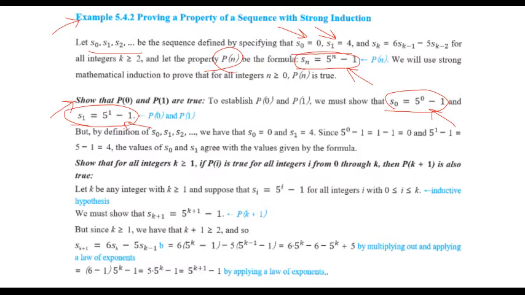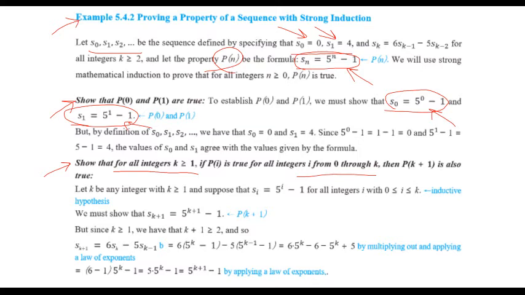The only thing left to prove is the inductive step. As you see, the inductive step is: for all integers k greater than or equal to 1, if P of i is true for all integers i from 0 to k, then P of k plus 1 is also true.